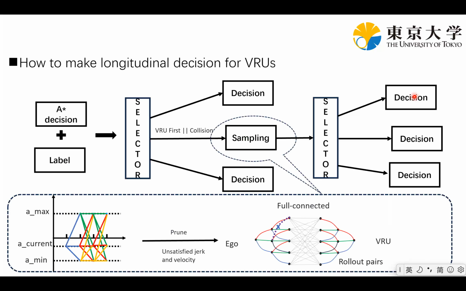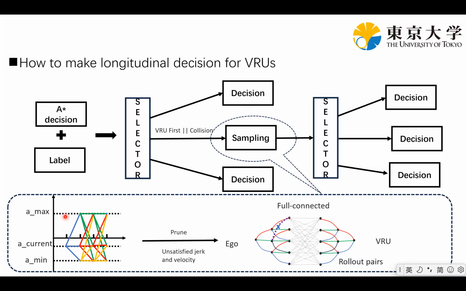After obtaining the A-star result and the label tag, we make longitudinal decisions based on different scenarios. One core aspect is when VRU first and the collision occurs, we perform a sampling method to handle the situation. The sampling method process is quite straightforward.